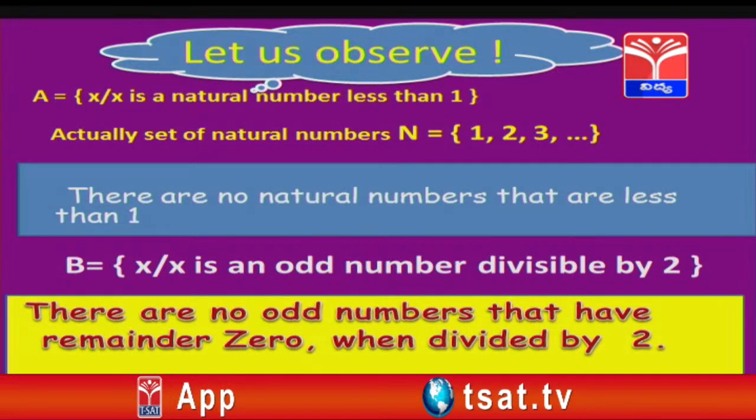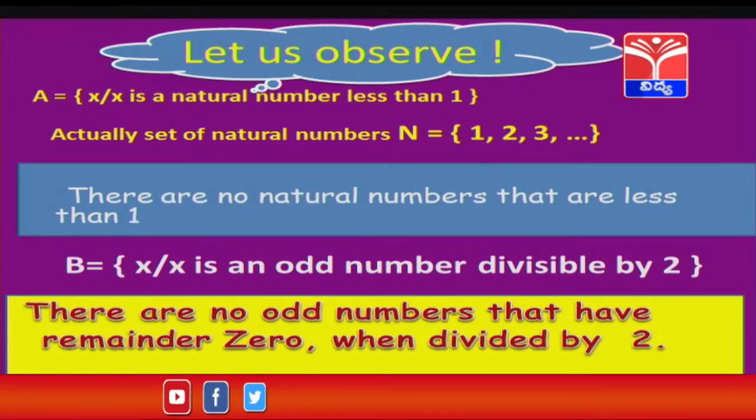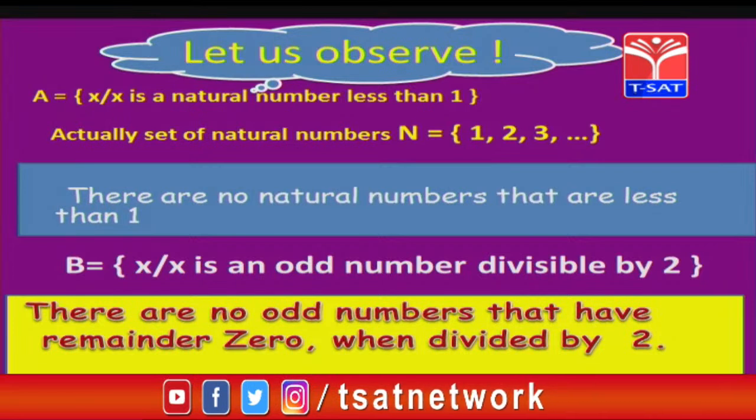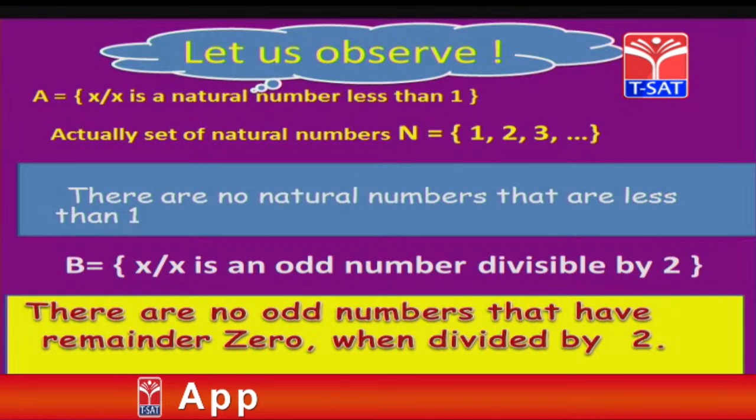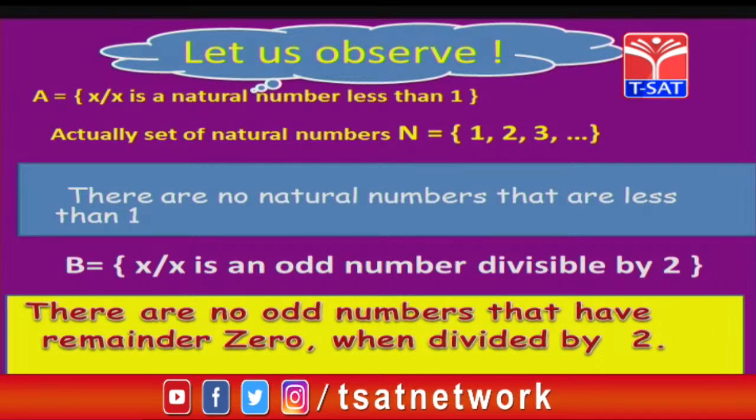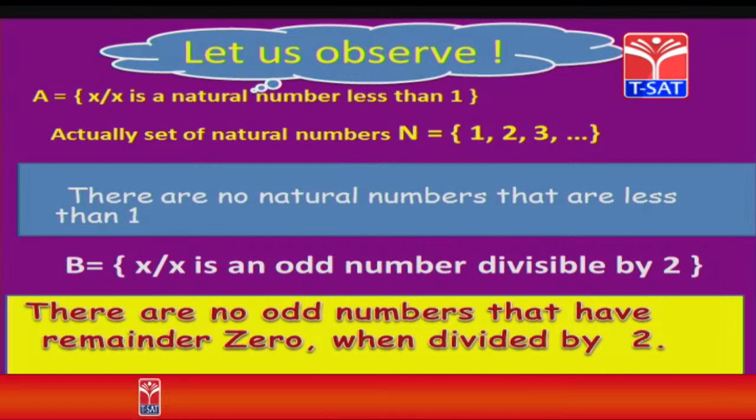Similarly, B is equal to x such that x is an odd number divisible by 2. Do you know what the odd numbers are? Yes, 1, 3, 5, 7 and so on. Now, there are no odd numbers that have remainder 0 when divided by 2.